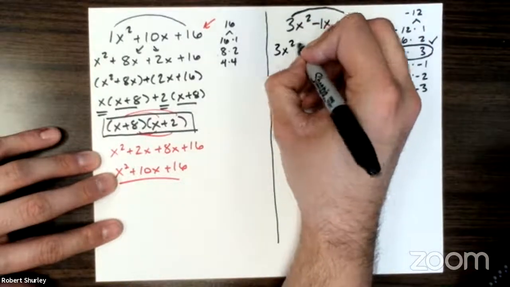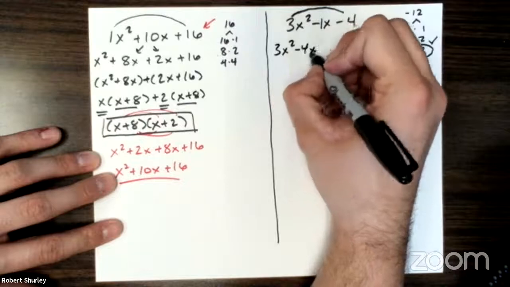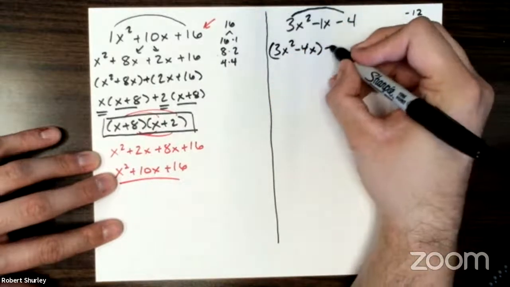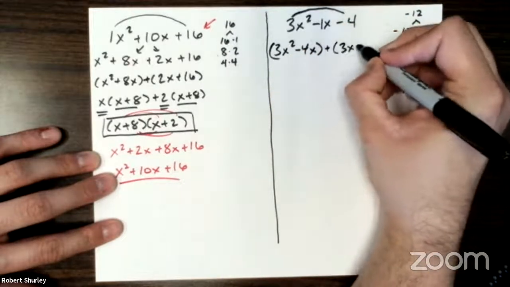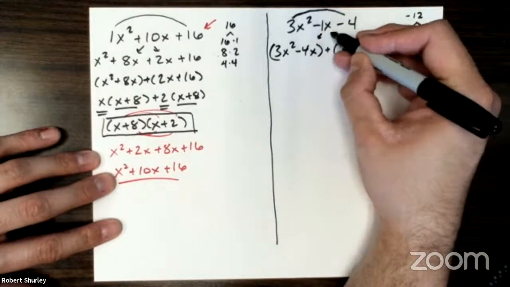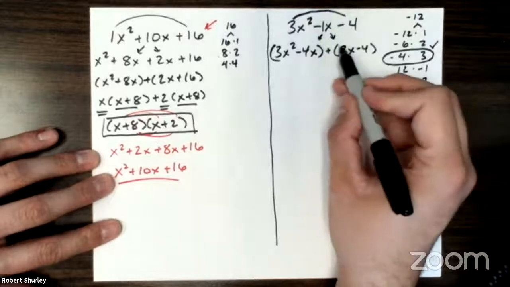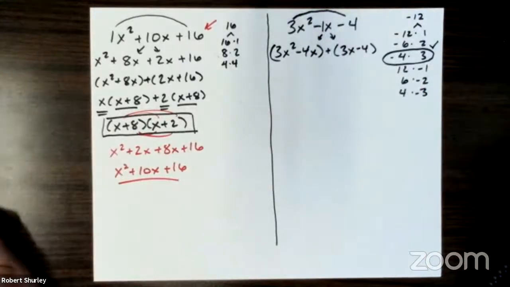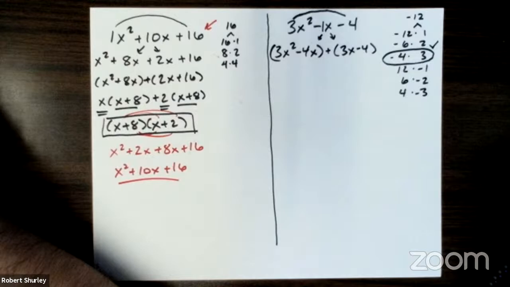So I get 3x squared minus 4x, and I'm just going to put that directly in parentheses, plus 3x minus 4. Notice all I did was separate the negative. These two added together would still give me negative 1x. I have not violated any math rules.